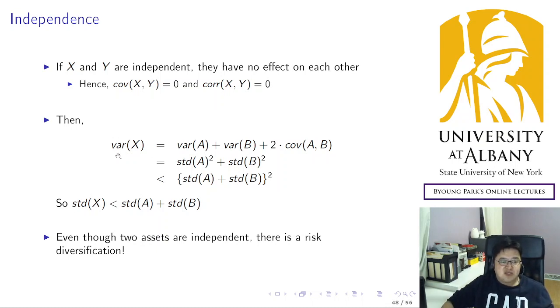As you can see from this simple inequality, you don't need to prove that. But what I wanted to tell you here is, even if two assets are unrelated to each other, still investing in both of them can reduce your risk. So it helps you diversify the risk.